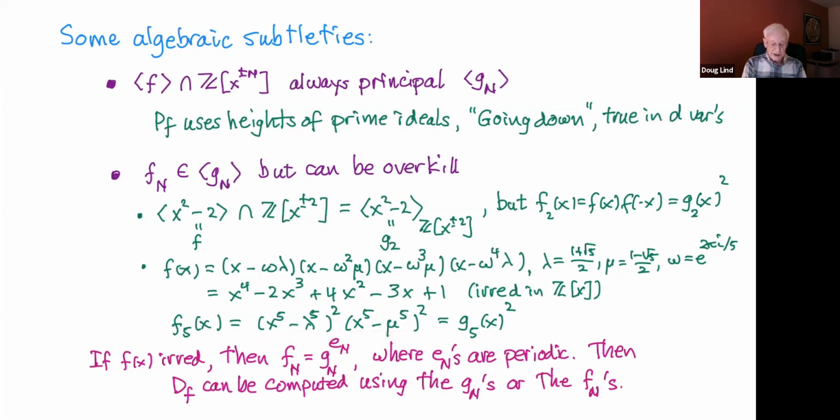And again, it turns out that F5 is a square of the generator. And in general, what happens is if F is irreducible, Fn is a pure power of Gn, and the exponents you can compute more or less explicitly. They're periodic, and you can compute a decimation limit both from the Gns as well as the Fns.